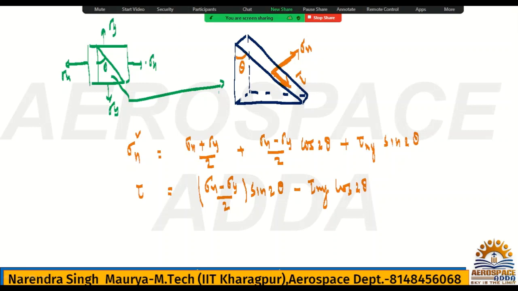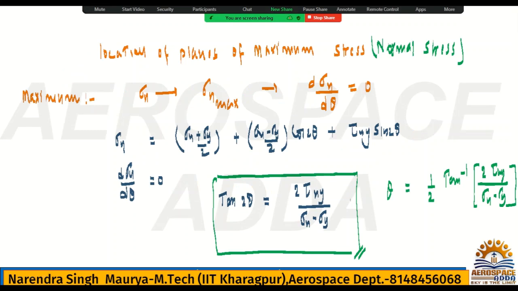Okay, so these two planes are called principal planes, and the normal stresses across the planes are called principal stresses. For this we have the orientation, that theta we have calculated here.